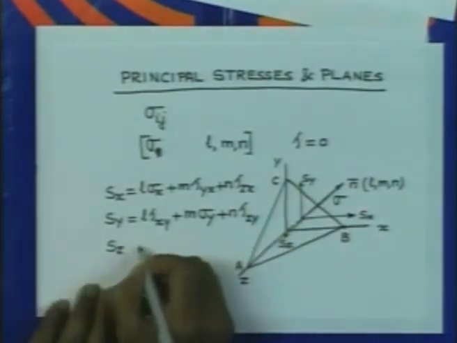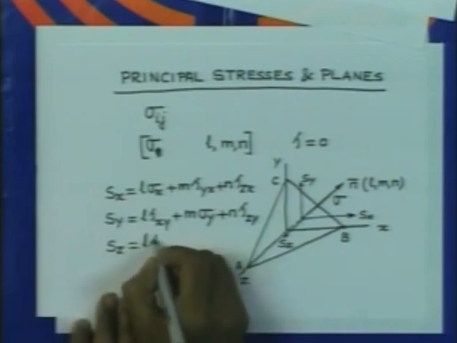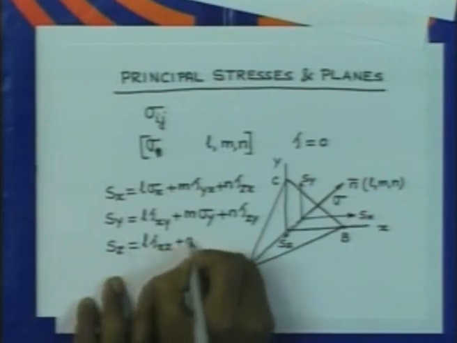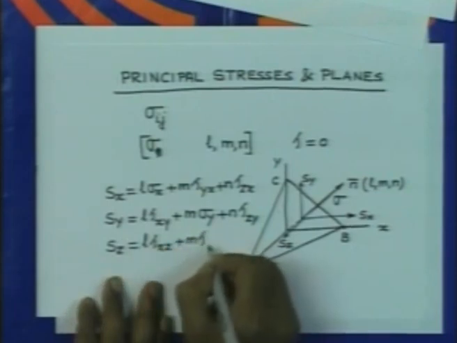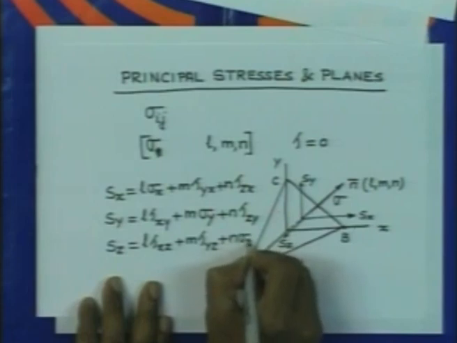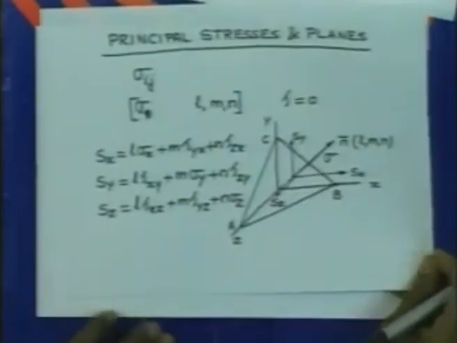Sz is equal to L tau xz plus M tau yz plus N sigma z. These are the tractions on this plane ABC.